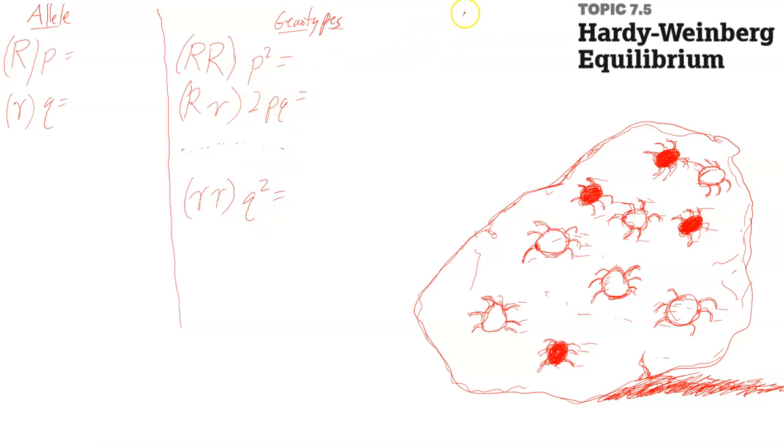You can even write this out if you want: phenotypes. Across this dotted line, the dominant allele gives rise to big R, big R, and big R, little r. That phenotype in my little system gives us a white carapace. White beetles, right?